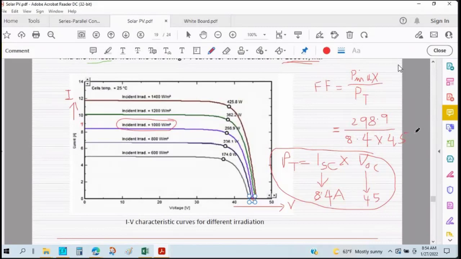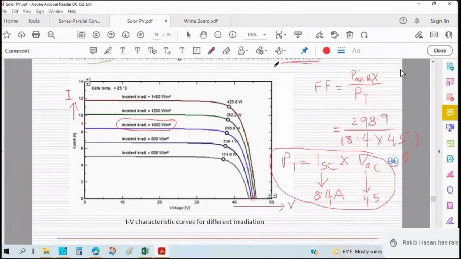So what will be the value of fill factor? If you have a calculator, can you help me to get that? 0.79, sir. Okay, 0.79. Who has mentioned 0.70?